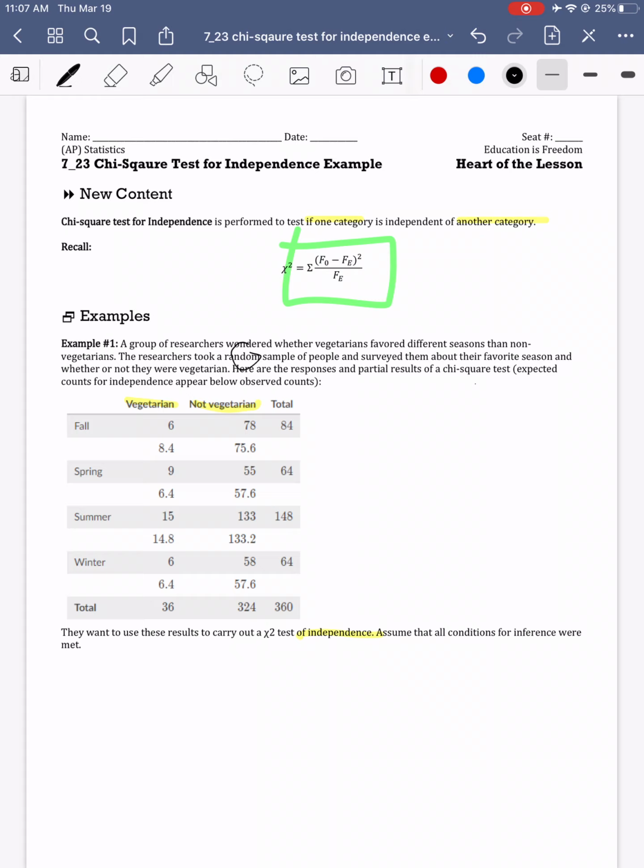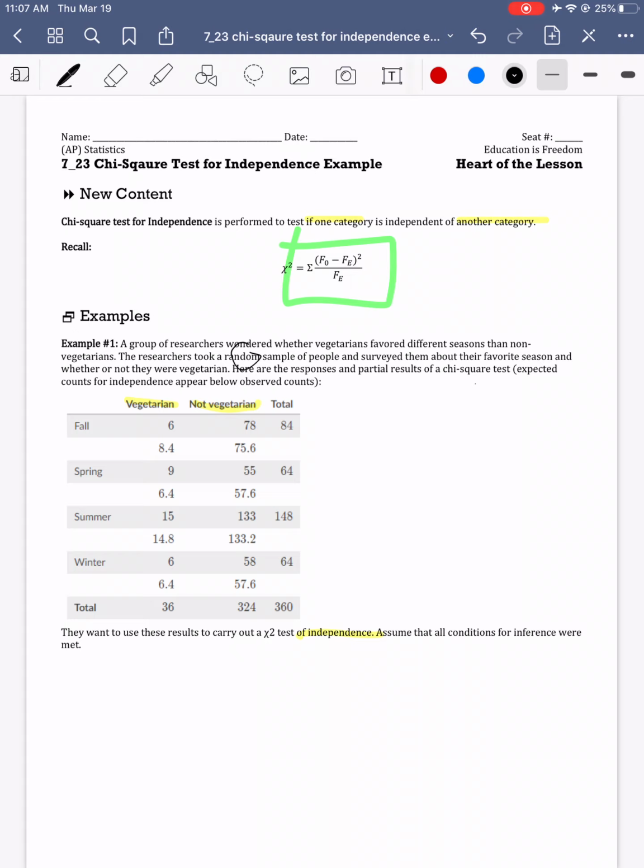So don't get too caught up in telling the difference between homogeneity and independence. Just note that with independence, we are trying to see if categories are independent from each other. And with homogeneity, we're trying to see if there are similarities between groups of people or grades, like we did in our example practice set yesterday, whatever that may be.